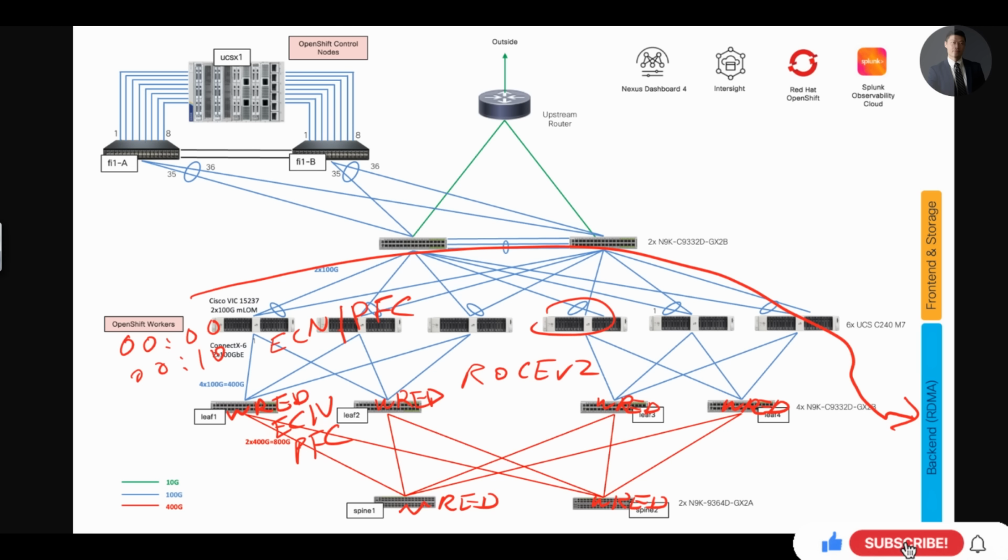When the ECN-marked packets and PFC frames are sent to the destination, the destination server detects, okay, this is congestion, and signals the source server to reduce their transmit rate. As a result, the packet loss will stop and the network stabilizes. So this shows how enabling ECN and PFC effectively prevents congestion and maintains performance in AI/ML workloads.